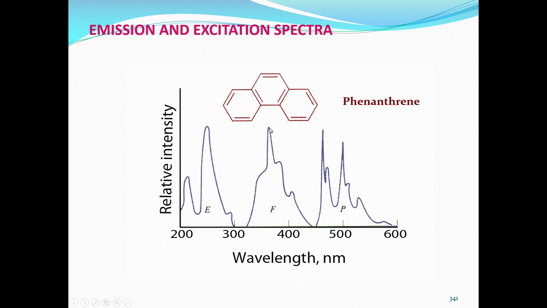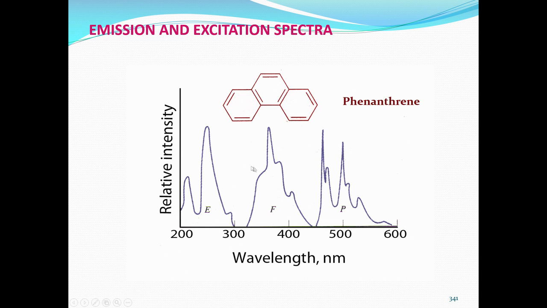the spectrum has got a maximum somewhere around 350, and then you can see that there is one more around 460 or something, another at 500. Then there are other small peaks.